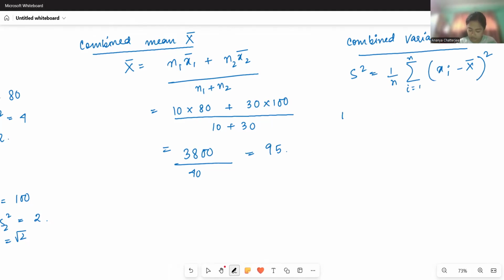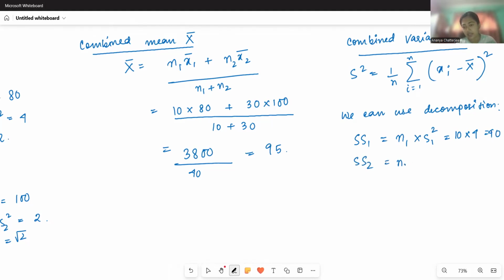So from this we can use decomposition. The within group sum of squares: S1 is equal to N1 S1 square, that is 10 into 4, 40, and S2 is N2 S2 square, that is 30 into 2, 60, right?